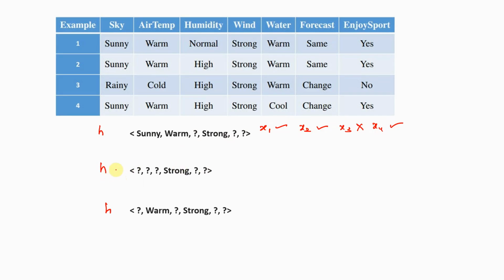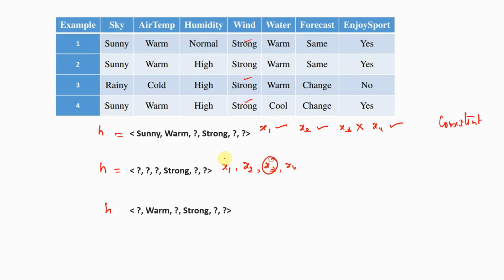And we consider this hypothesis. So now this is a consistent hypothesis. And we consider this one, pass x1. So x1, we have a strong, remaining all question mark. So it is able to do for x1, x2, x3 and x4.